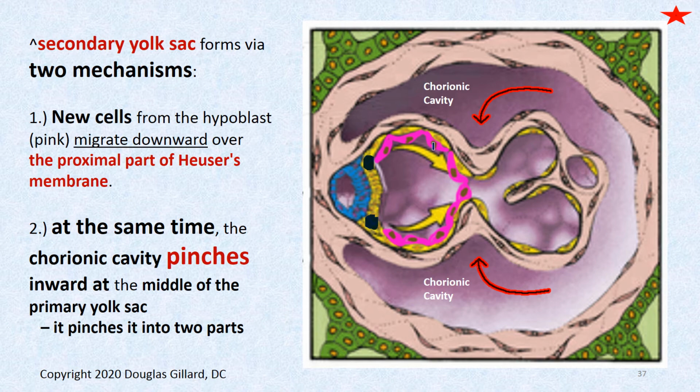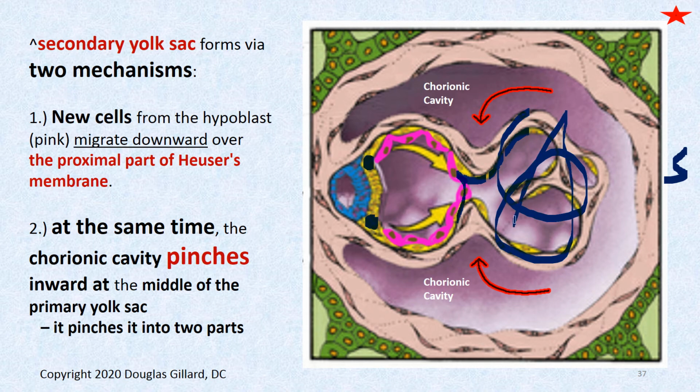And as it does that, instead of these yolk sac cells going all the way down here, it pinches it off so it just surrounds this new layer. So these yolk sac cells, they are on top of this, which is Heuser's membrane in yellow here. They're on top of that, but they don't go down to this kind of pole. Their south pole is here, the abembryonic pole. They don't worry about this. This is all going to degenerate away here.